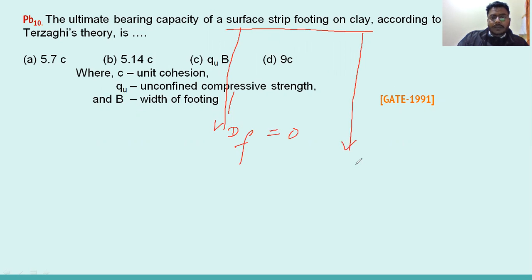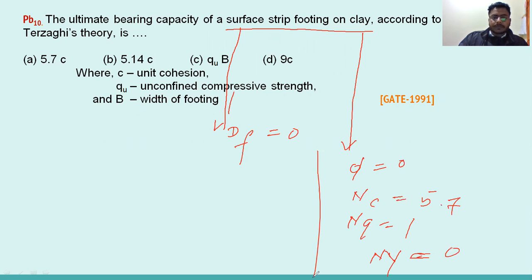Clay means phi is equal to 0, so NC is 5.7, NQ is 1, and N gamma is 0. According to Terzaghi theory, we can calculate the ultimate bearing capacity QU. Directly we can write? No. From the next lecture I will write directly. For this lecture, I am writing each and everything.